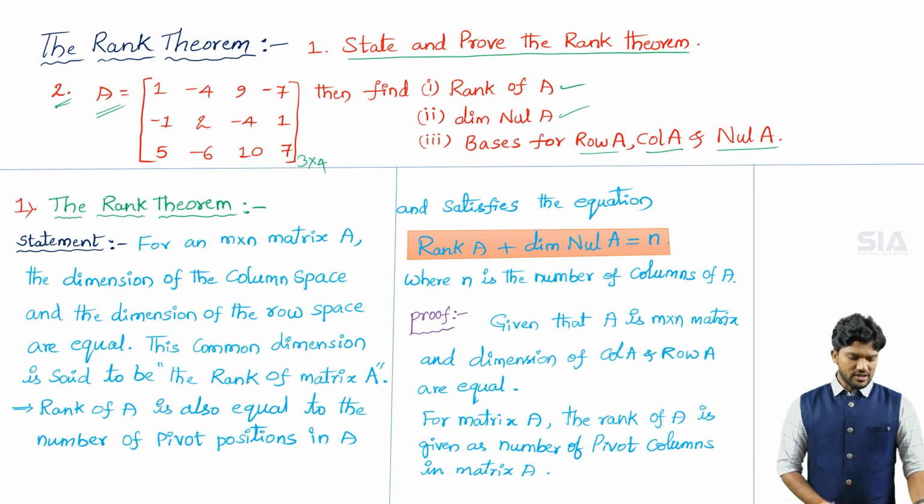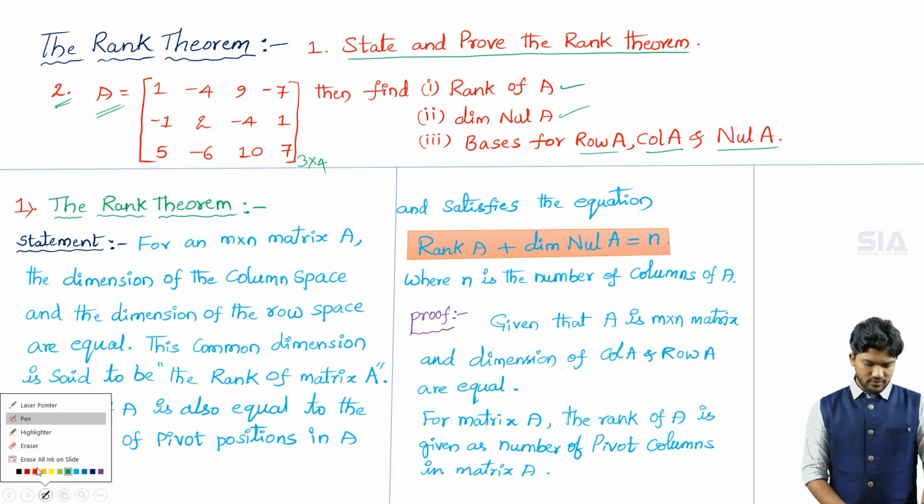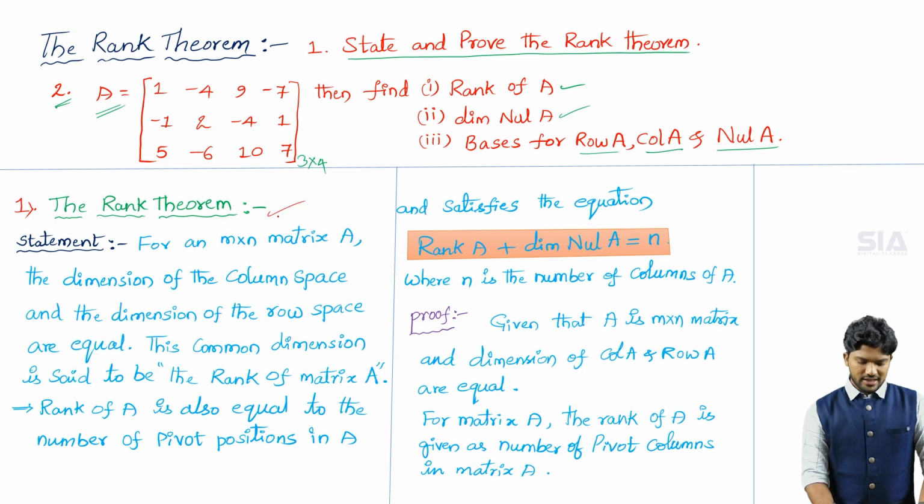Okay, so first of all we are starting with the statement of the rank theorem, and after that we are going to prove the rank theorem. So let's start with the rank theorem statement.